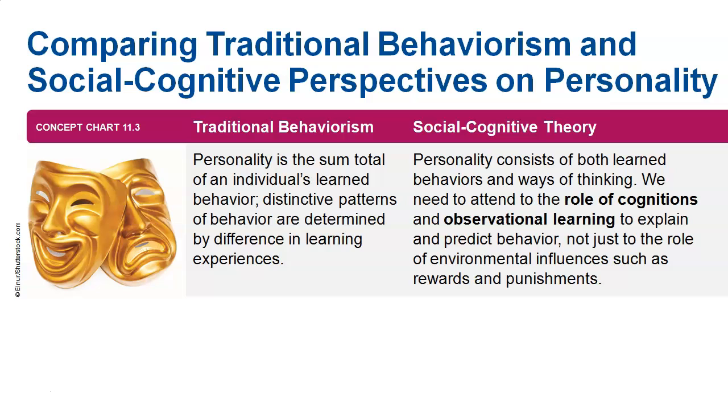The social cognitive theory takes that a step further and says it's not just the way you were taught, but you're evaluating the situation that you're in. You're looking at the society you're in. You're thinking about the outcome, what's expected of you, and that is influencing your behavior and ultimately your personality.